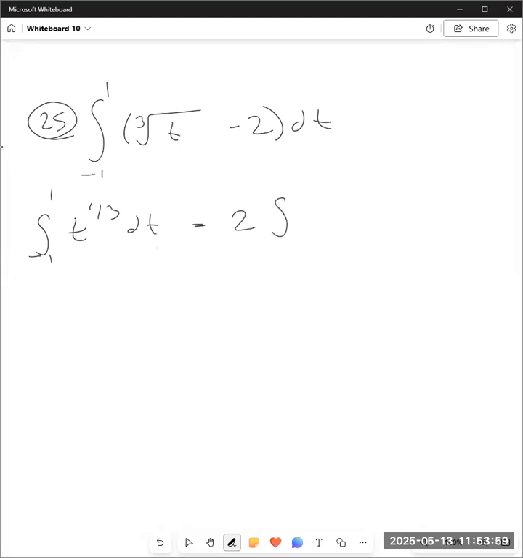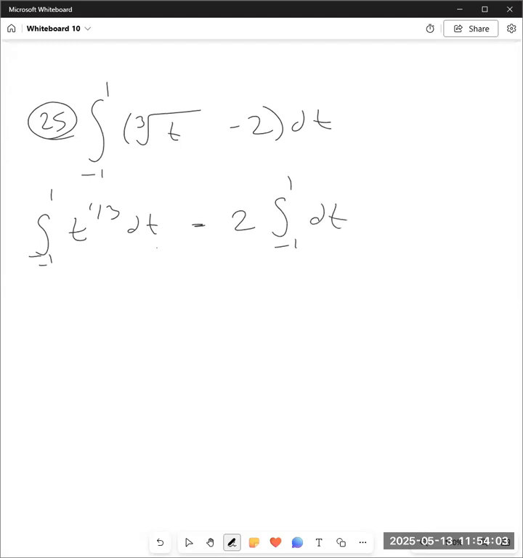25 says the integral from -1 to 1 of the cube root of t minus 2 dt. I'm going to get that this is the integral from -1 to 1 of t to the 1/3 dt minus 2 times the integral from -1 to 1 of dt.